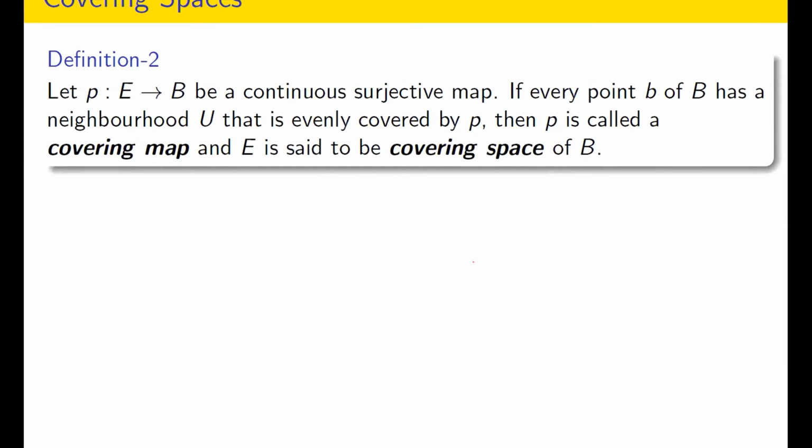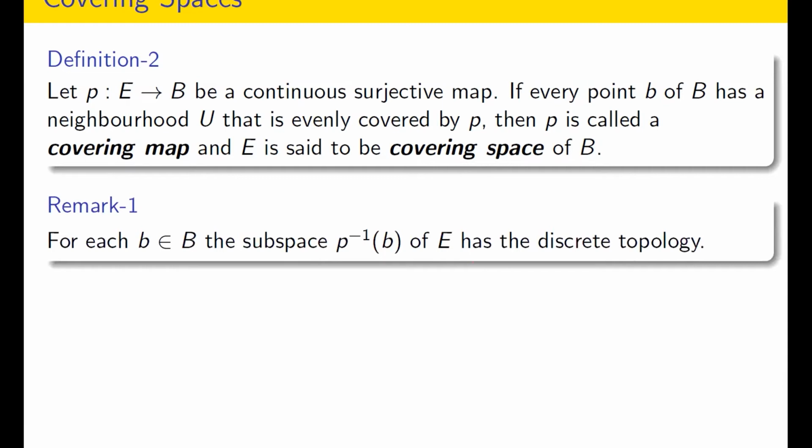For any point b in B, if it has a neighborhood U_b that is evenly covered by P, meaning P inverse of U_b can be written as a disjoint union of V alpha, and if we restrict P to each V alpha it is homeomorphic to U_b, then P is called a covering map, and the set E, the domain, is said to be a covering space of B, that is, the codomain.